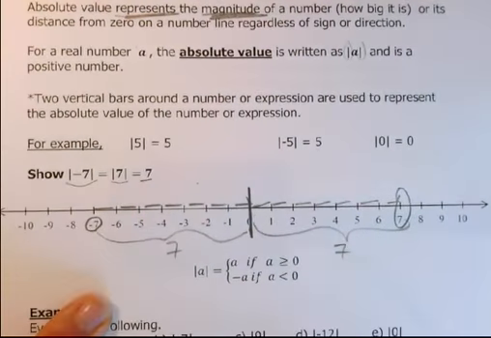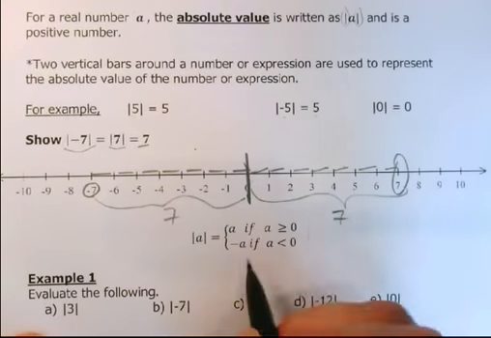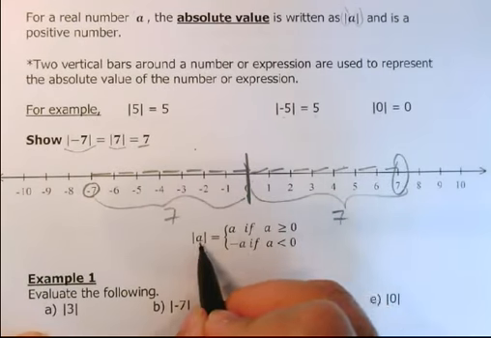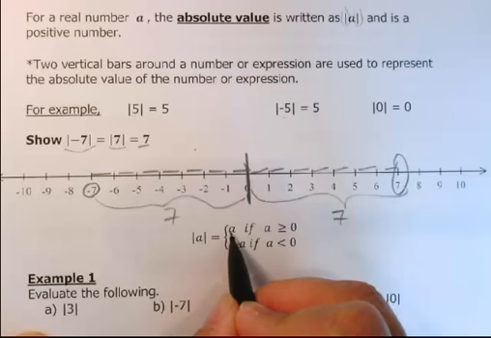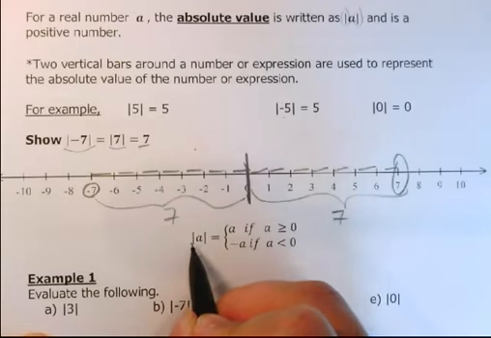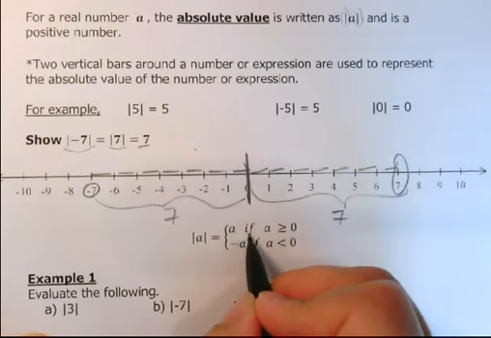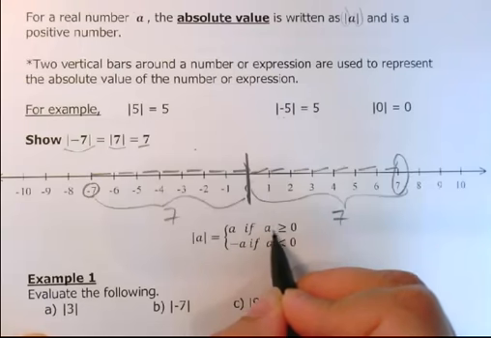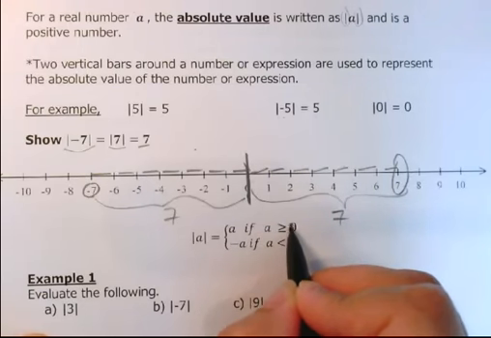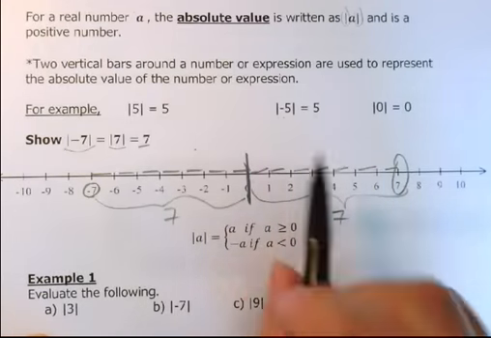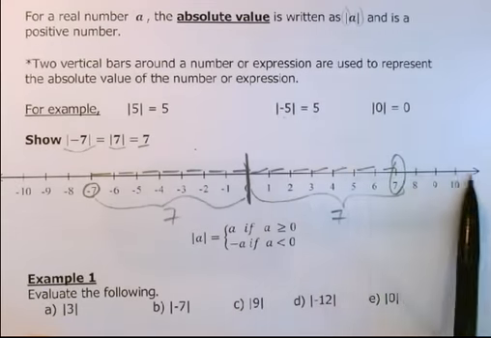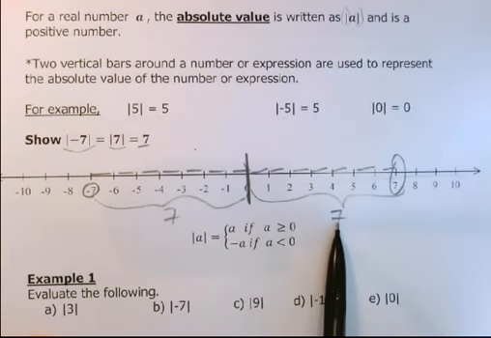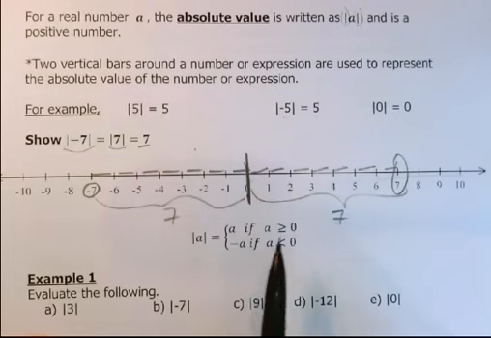Now, regardless of what the number is to begin with, if we have a positive number that we're starting with, then the answer for the absolute value is going to be A. It's going to be positive. And that's if the value of A is greater than or equal to 0. So that means if we have a number on this side, you see this value is positive 7, so we're good.